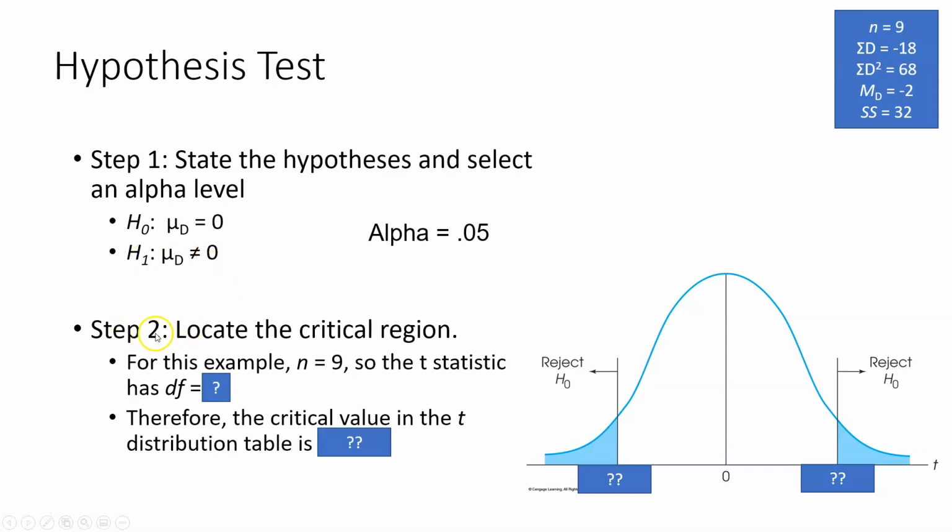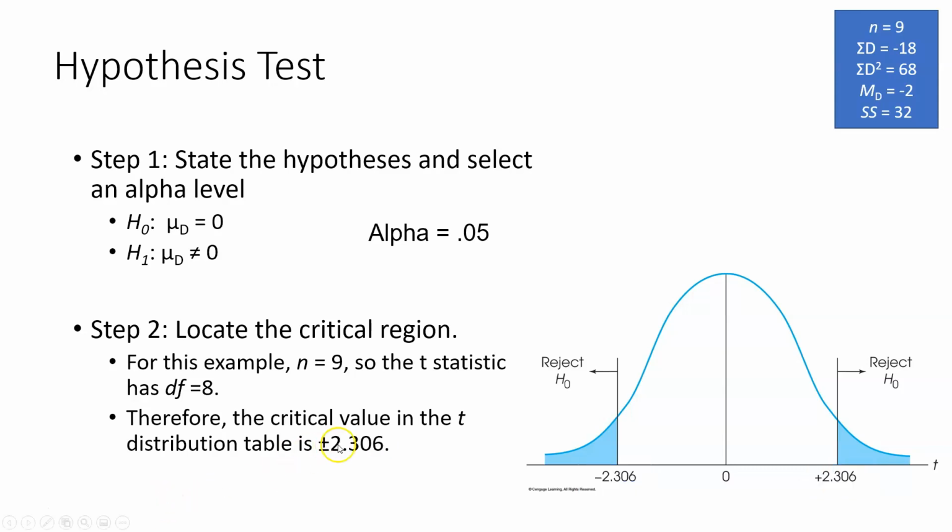Okay, now step 2. We locate the critical region, and we decide the alpha level. It's 0.05. For this example, we have an n of 9, so the t-statistic has degrees of freedom of n minus 1, 8. Therefore, the critical value in the t-distribution table is, now please really do pause your video, go to your t-distribution table, that's B.2, and look up what the t value would be in this table.